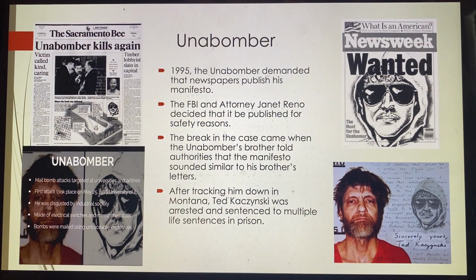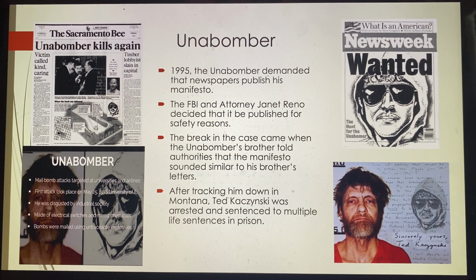Still going through the 1990s. And then, of course, we have the Unabomber. I don't know if you heard about him. But in 1995, the Unabomber demanded that the newspaper publish his manifestos. So the FBI and Attorney General Janet Reno at that time decided that it be published for safety reasons. So they did. The break in the case came when the Unabomber's brother told the authorities that the manifesto sounded similar to his brother's letters.